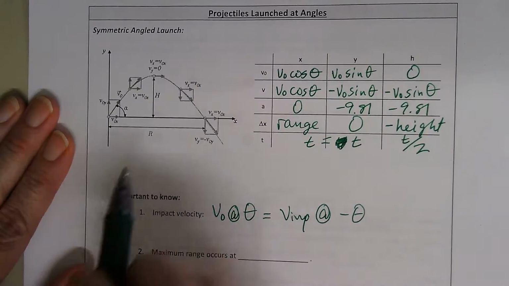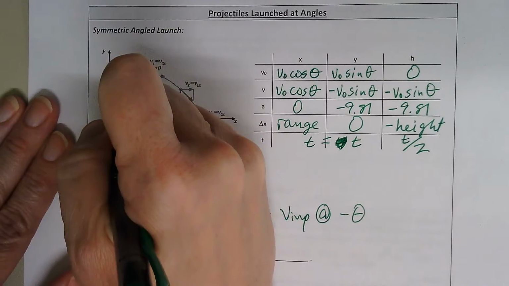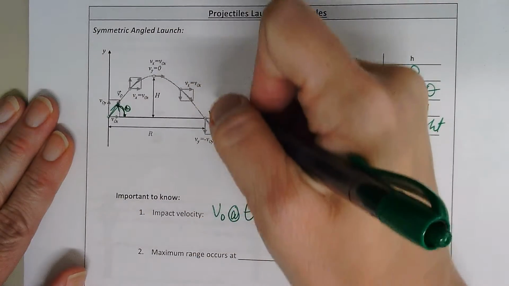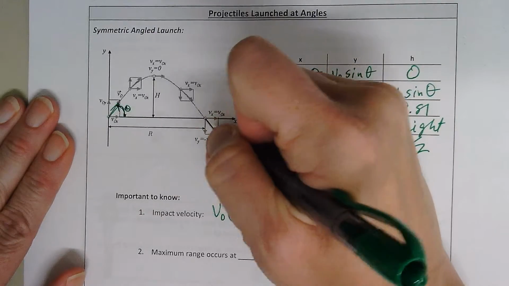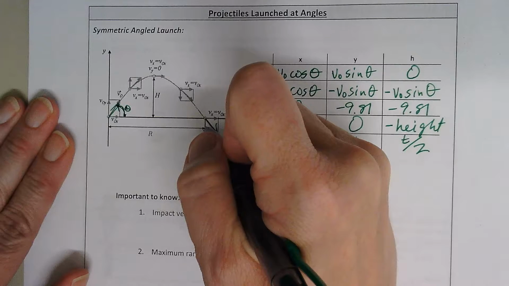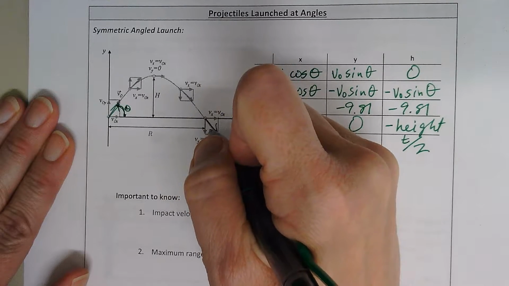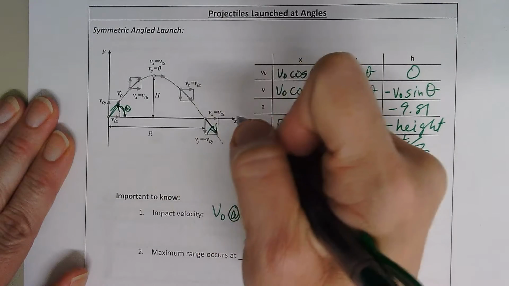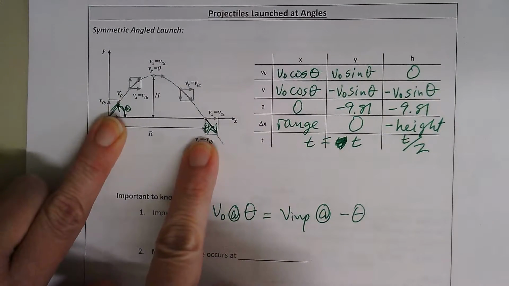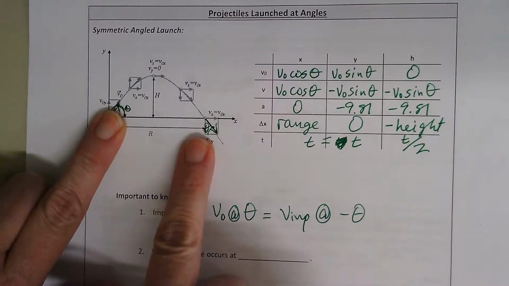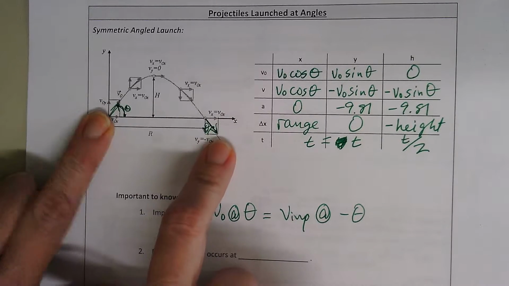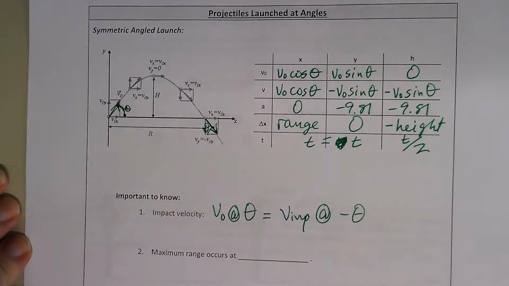Okay, so this v naught here and this theta, and this v here is your v impact, and this theta. So the thetas are the same but opposite, so one is positive and one is negative. And the magnitudes of the velocities on impact and initial are exactly the same.